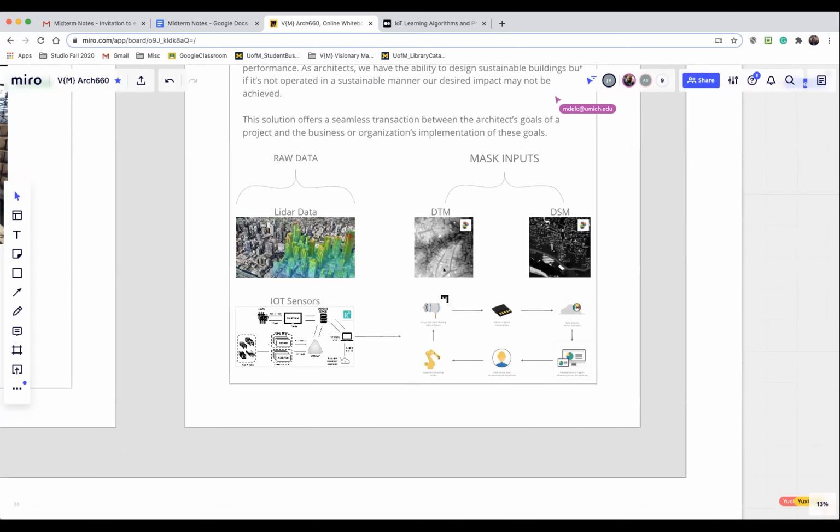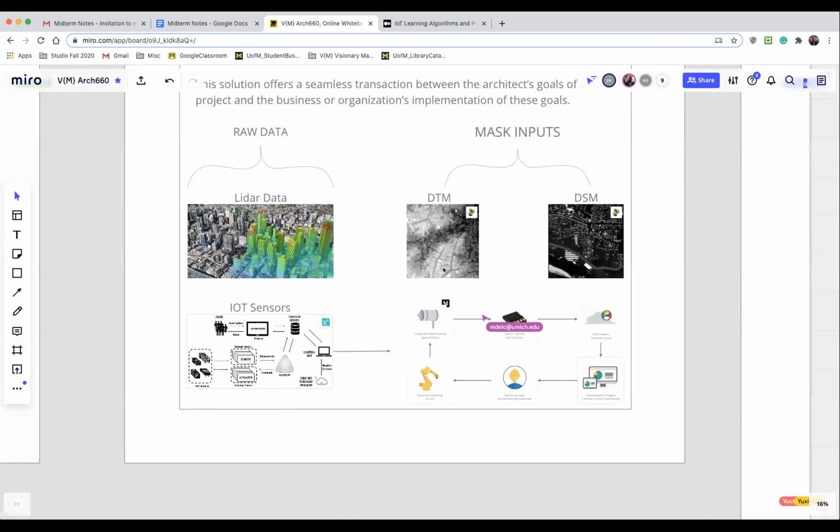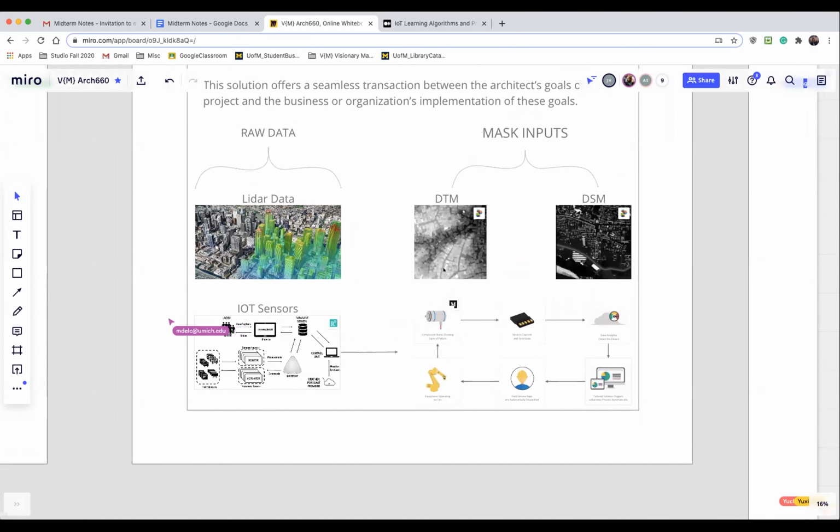And we were looking at this at a bunch of different scales: a large, citywide scale, or individual buildings themselves. So that's pretty much where we're at.